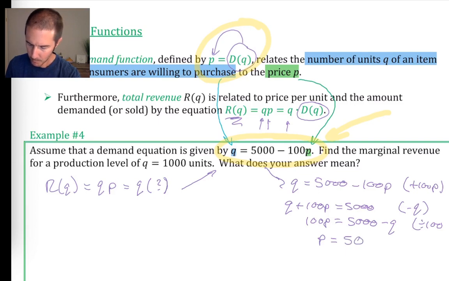50 minus, because 5,000 divided by 100 equals 50, minus, and then you could write this as 1 over 100 times Q, or you could write it as Q over 100. I'm going to write it as 1/100th Q. That way that 1 over 100 is a coefficient.